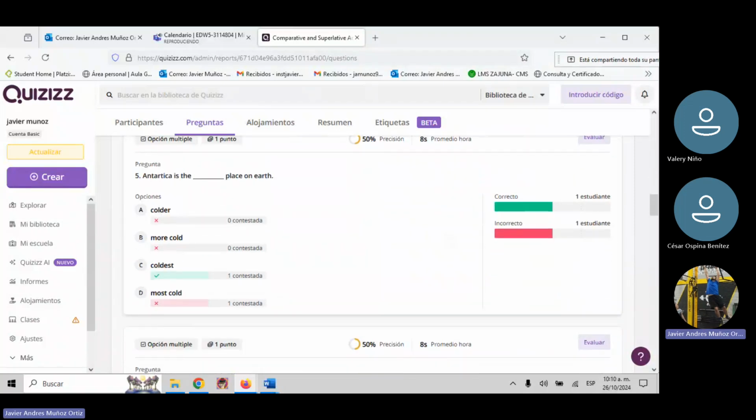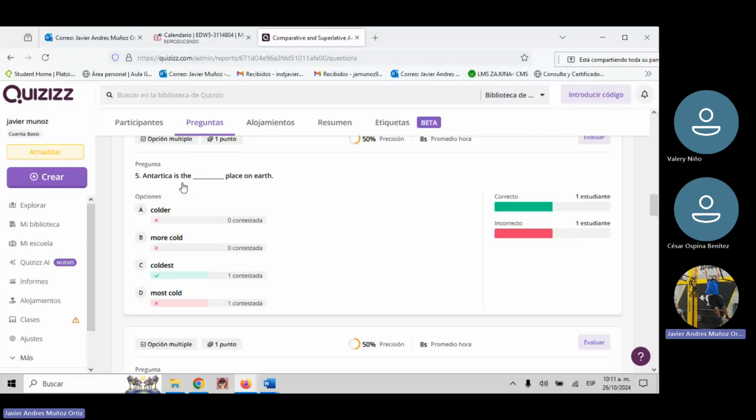Okay, let's continue. Antarctica, place on Earth. We are mentioning that Antarctica is a place, it's a cold place. But in this case, we are saying that Antarctica is not the only cold place in the world, because we have Russia, we have the North Pole, South Pole, Canada, Norway, Finland, and so on, many places, Cape Town, and so on.